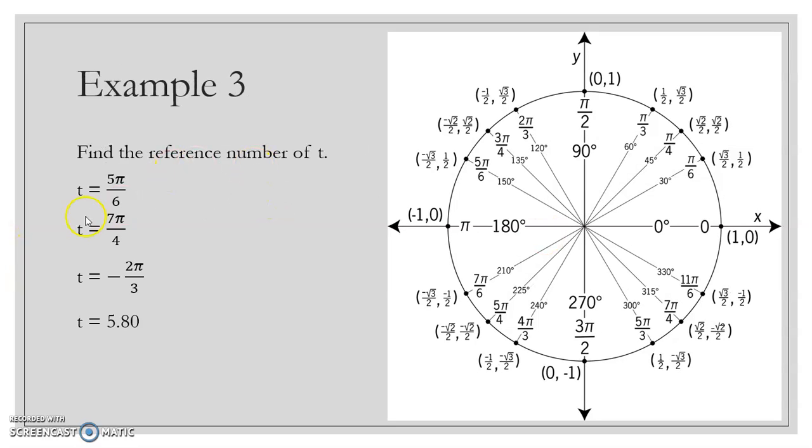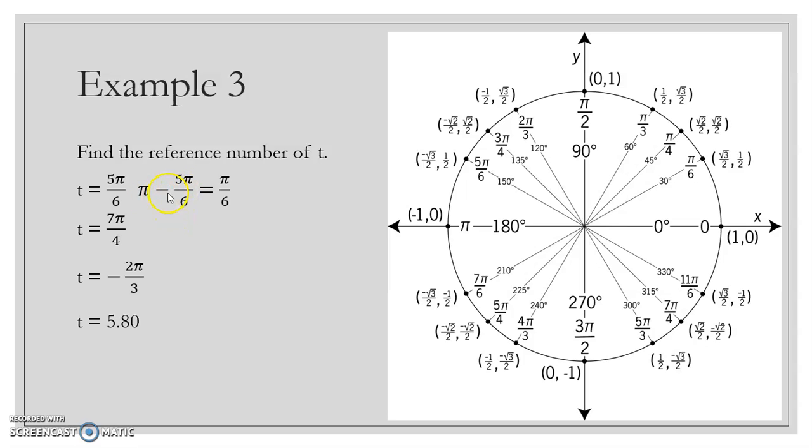In example 3, they've given us 3 different values they want us to use to find reference numbers. So the first one they gave is 5 pi over 6, which is right here. Notice the closest x-axis value is this pi. So I'm going to do pi minus 5 pi over 6, then make sure my answer is positive.